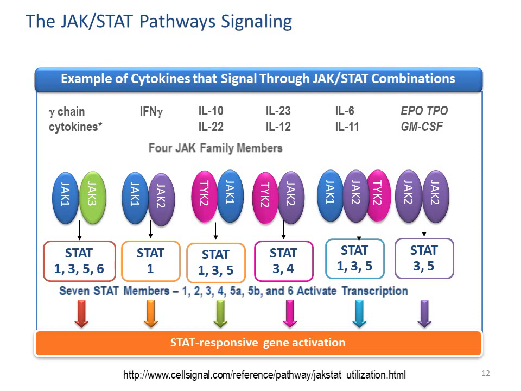Interleukin 10 and 22, Interleukin 23 and 12 have TYK2 and JAK2, and so on. So different cytokines will have slightly different specialization for the cytokine that they're binding, and intracellularly the pair of JAKs that they have.